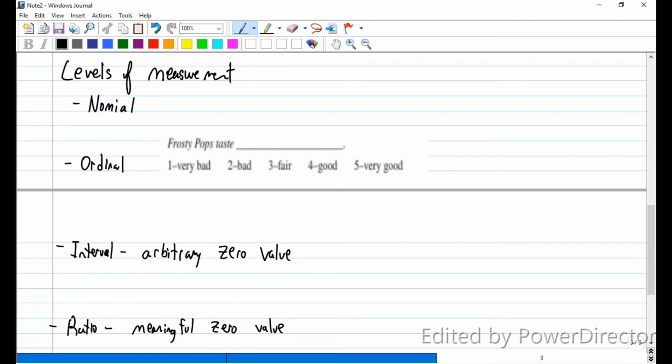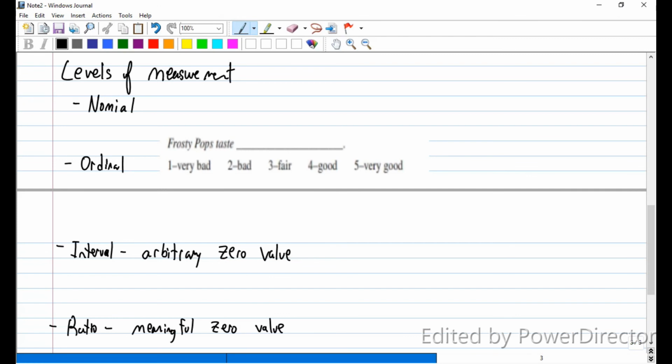I can still sort that data. I could still say, hey, you're taking 21 hours and I'm taking 16 hours, 21 minus 16, so you're taking 5 more hours than me. So that makes sense. But if I'm taking 0 hours and you're taking 17 hours, then 0 has a meaning.